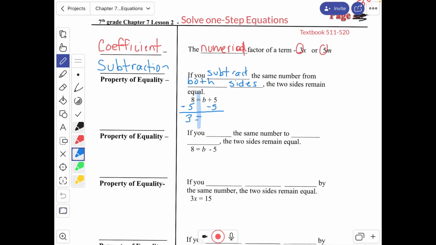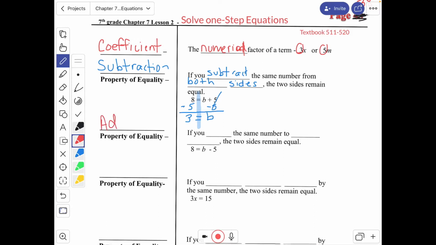And don't forget to bring down the equal sign straight down, still on the wall. And then 5 minus 5 would be 0. So they've canceled out, and the only thing left is b. So as long as you subtract the same number from both sides, the equation stays equal, and we can solve for a variable.